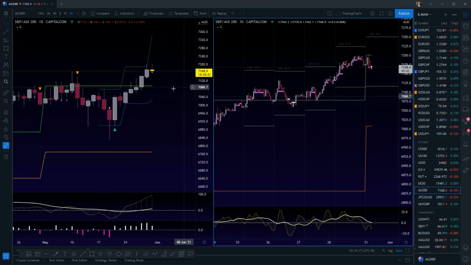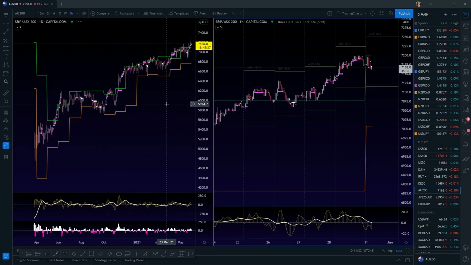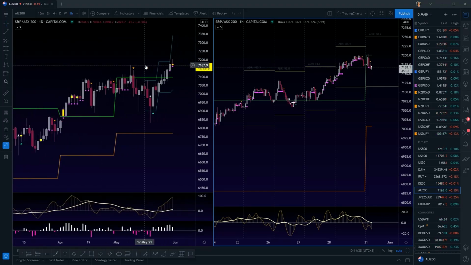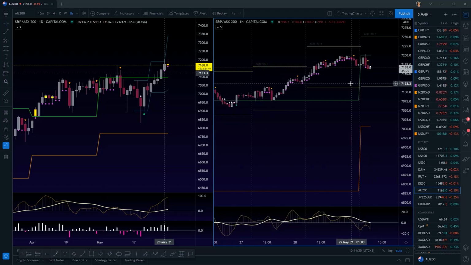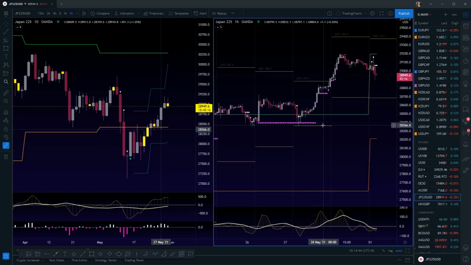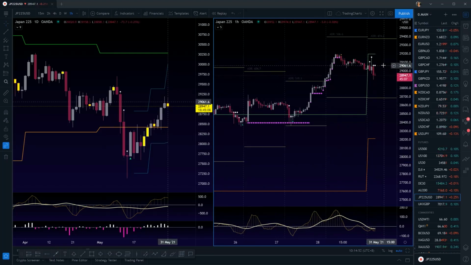Okay, Aussie. Wow, it's reaching those extreme levels. I don't fancy a shot yet. Still very bullish. Japanese Nikkei. Yeah, bullish as well. I don't see a nice trade to make here.